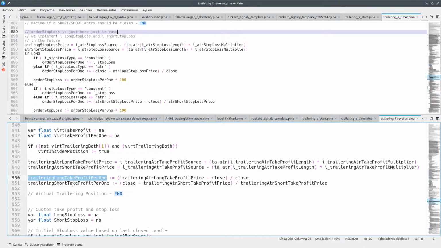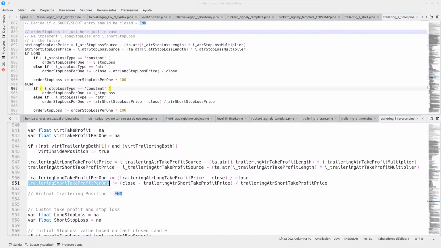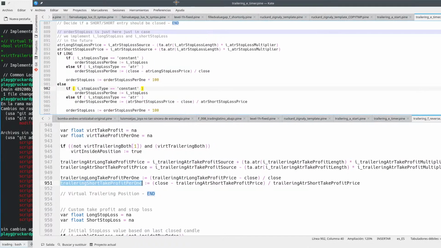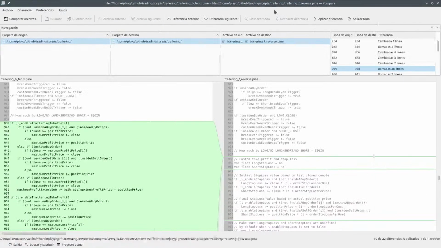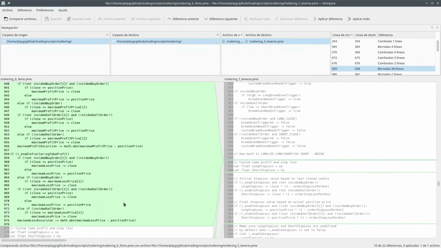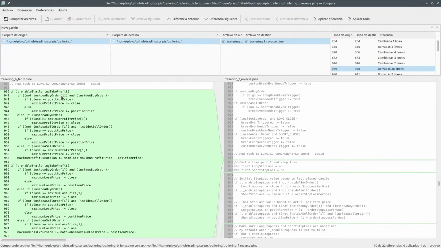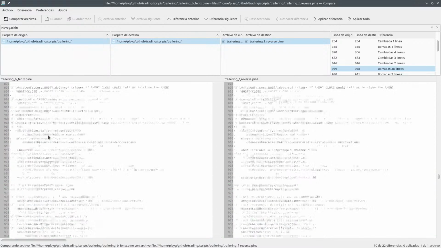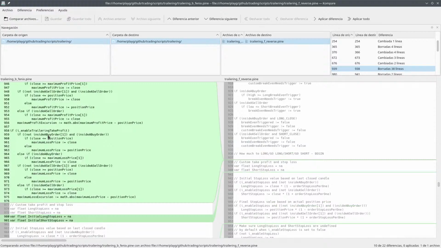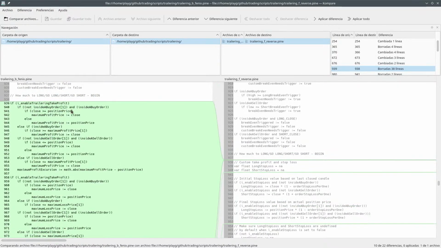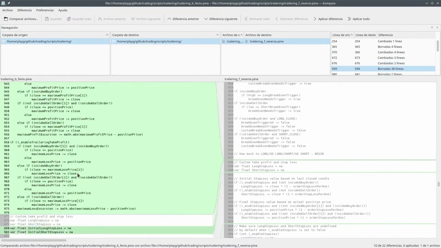Okay, so now we have the take profit per one. So we should be able to take a look at whatever changes we had here. So we had this calculation, the maximum profit price, which I am not doing.